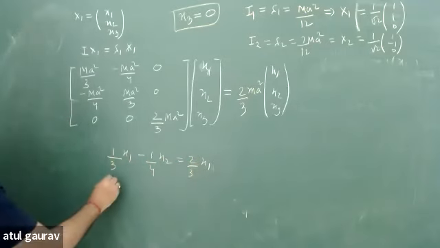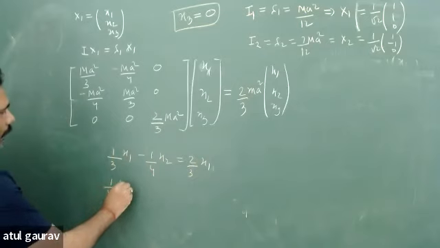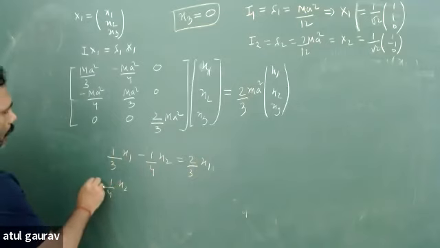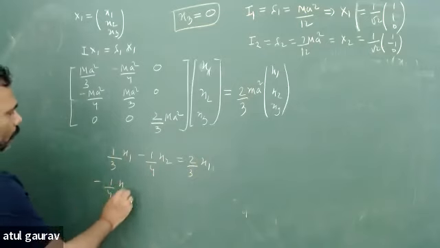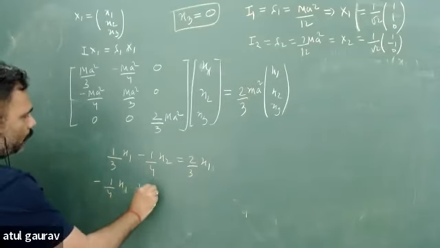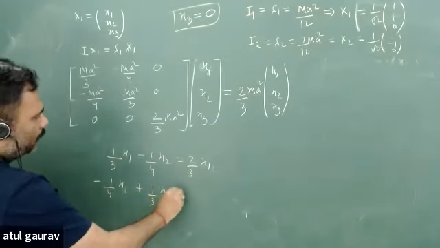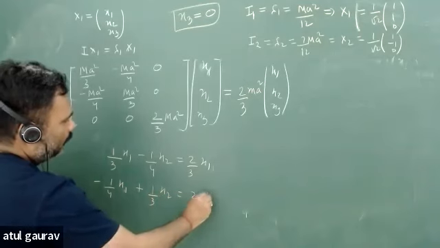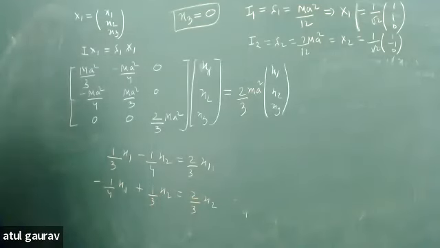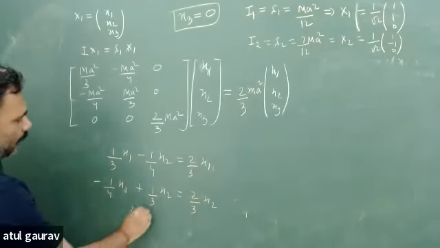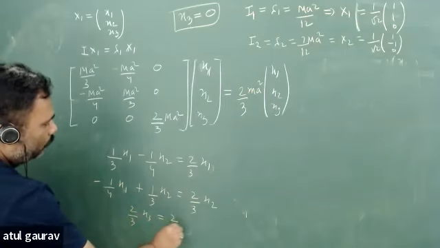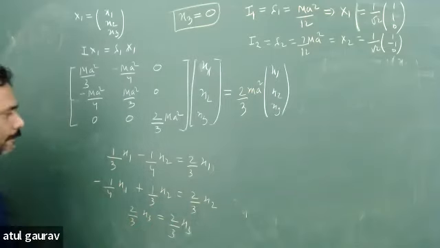And minus 1/4 x1 plus 1/3 x2 is equal to 2/3 x2. And 2/3 x3 is equal to 2/3 x3.